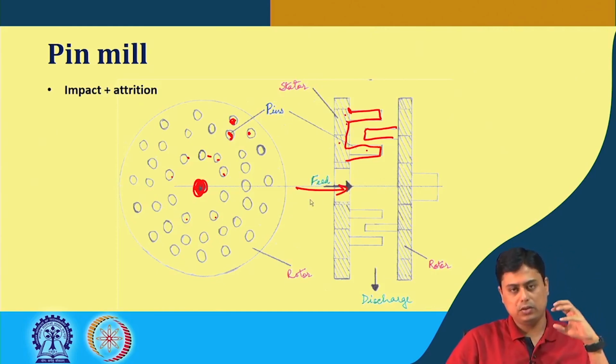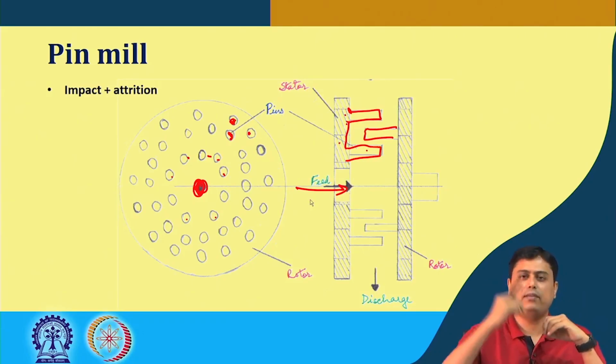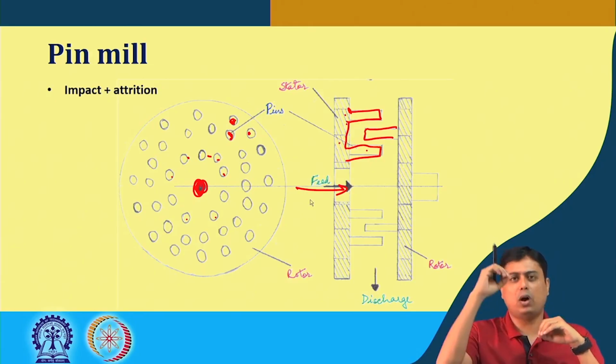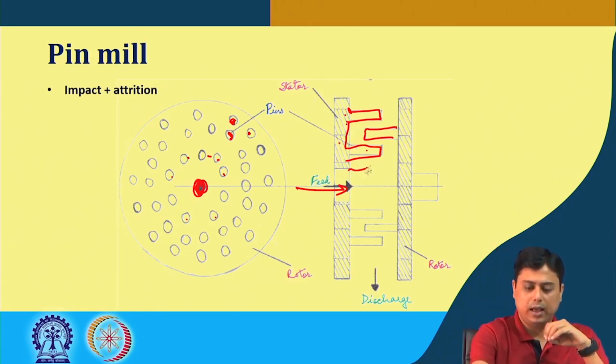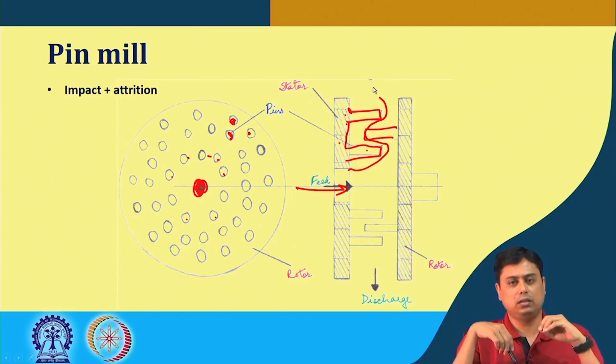As the feed goes in, the rotating disc again gives an outward motion to the particle. As it tries to go out, it has to pass through this tortuous path and it is crushed while passing through the spaces.